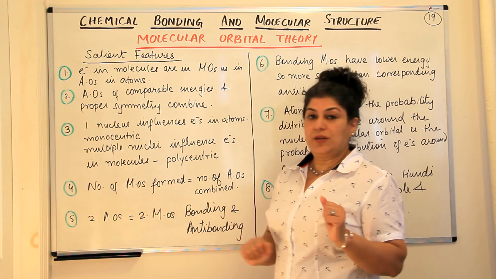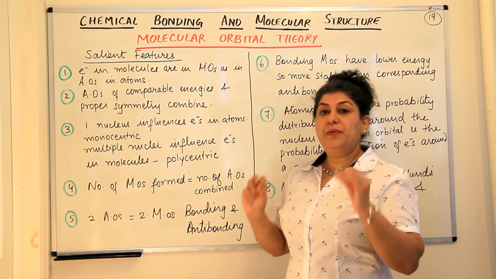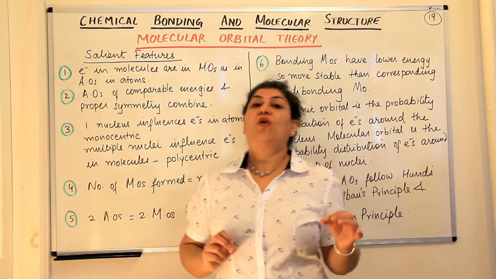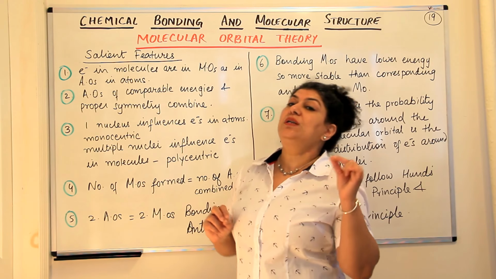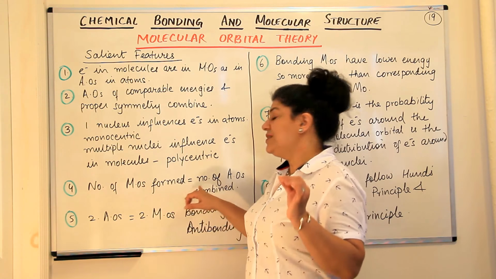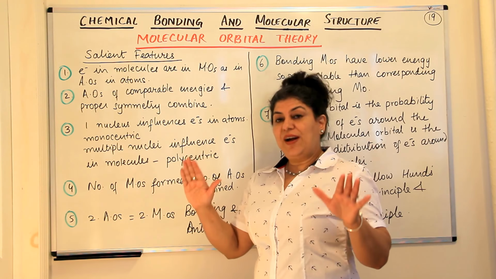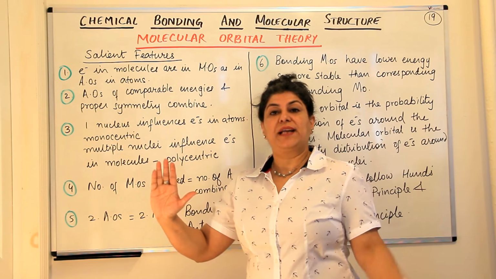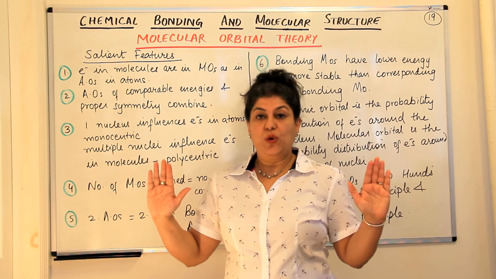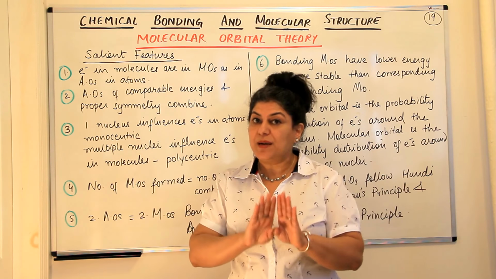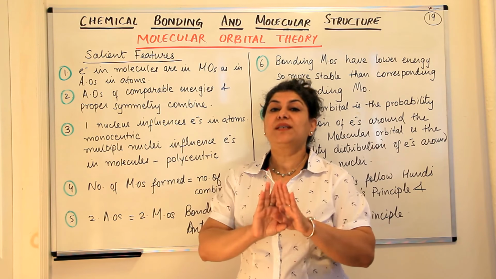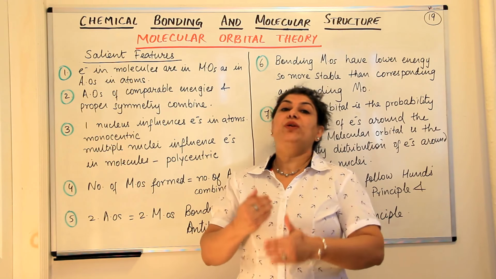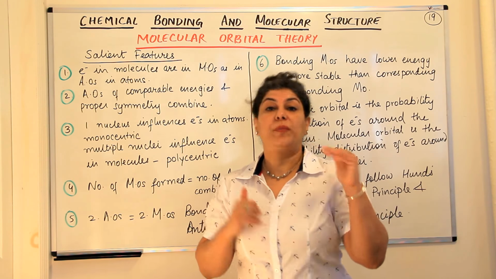Then the fourth feature here is that the number of molecular orbitals formed is always equal to the number of atomic orbitals that combine. If I say that 1s of one atom combines with 1s of another, it means two atomic orbitals combined. When two atomic orbitals combine, they result in the formation of two molecular orbitals.